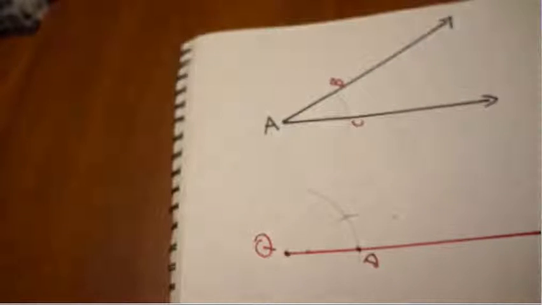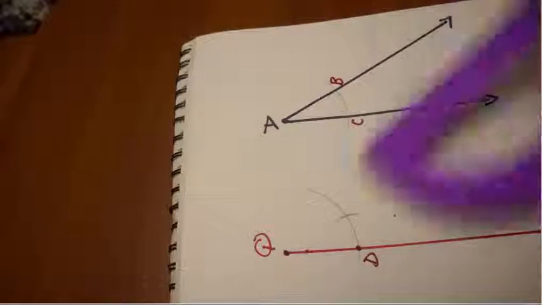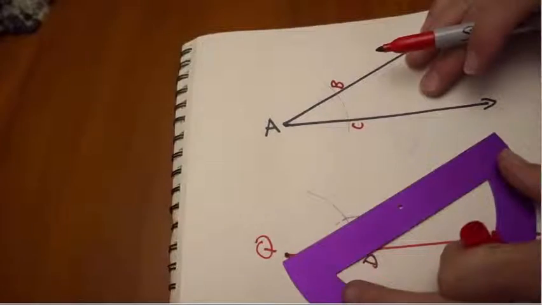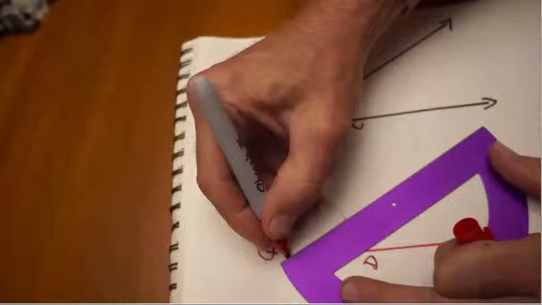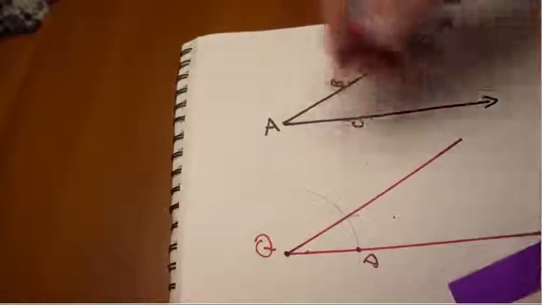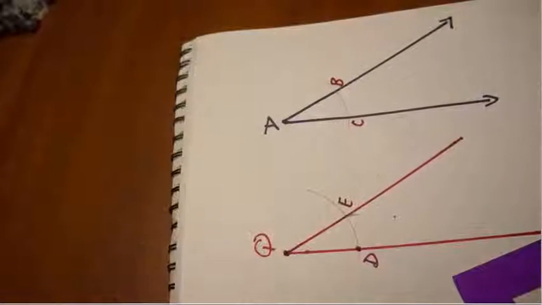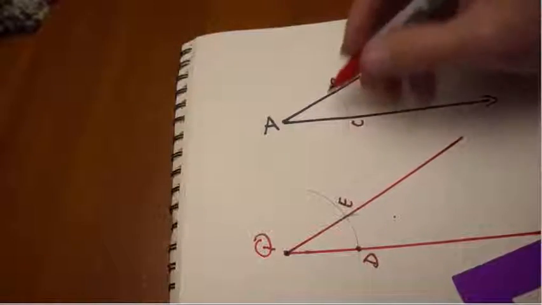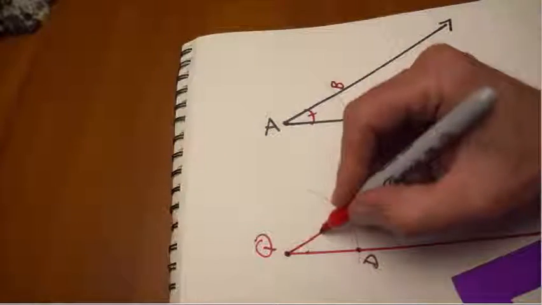Now where those two arcs intersect, I'm going to draw a ray with my straight edge that goes through that point from point Q. Let's call that point E. And you can say that angle BAC is congruent to angle BQD.